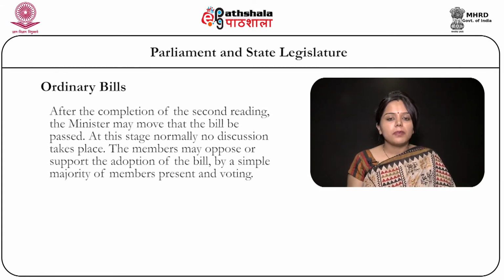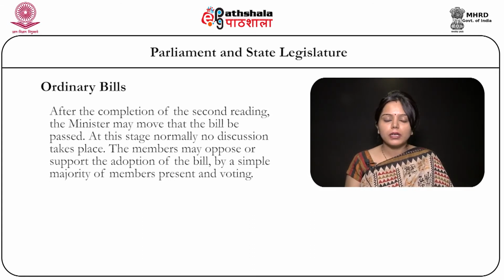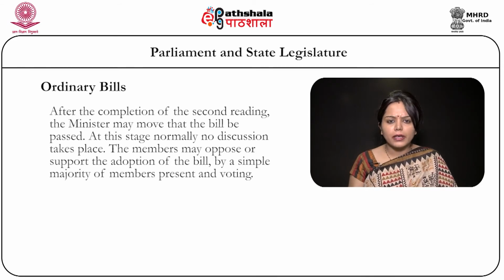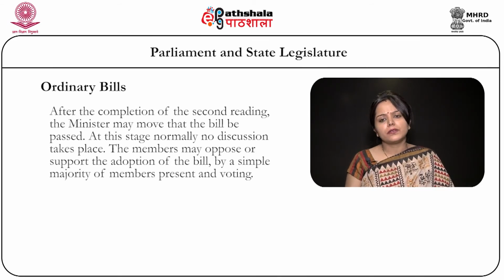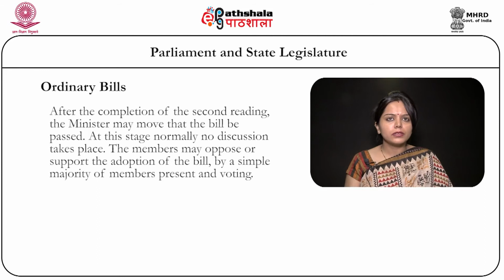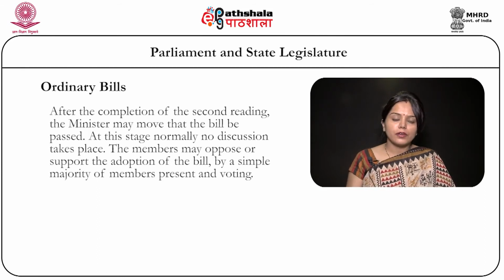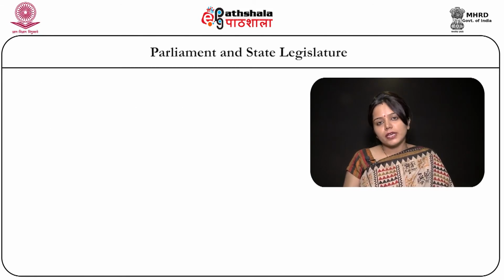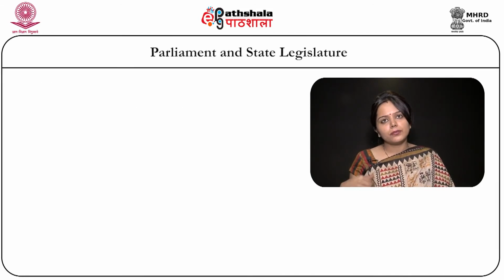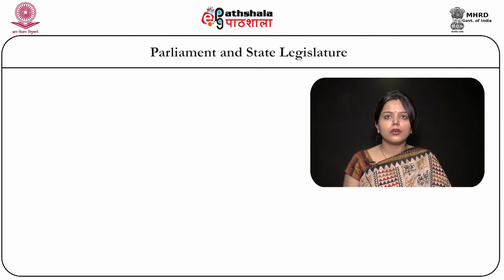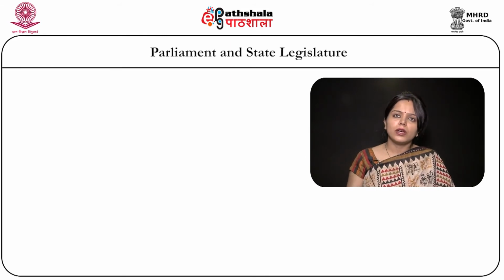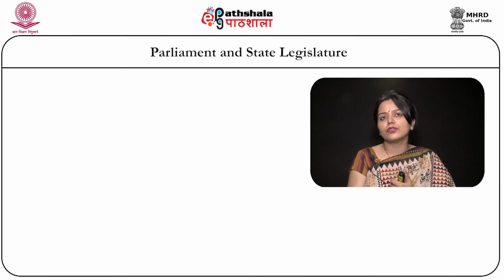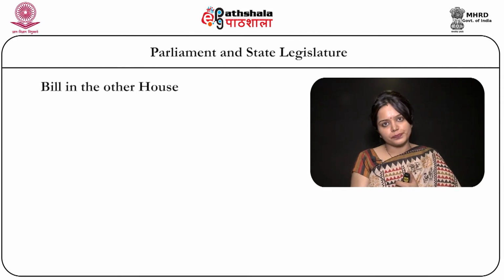Once the bill is passed, at this stage normally no discussion takes place, and the members may oppose or support the adoption of the bill by a simple majority of the members present and voting. So, in short, after passing through the three stages, or three readings, the bill is passed by one house. Now, the question arises of the other house.